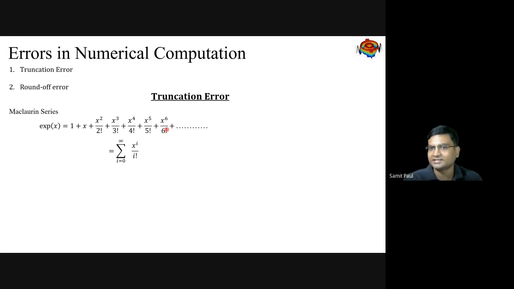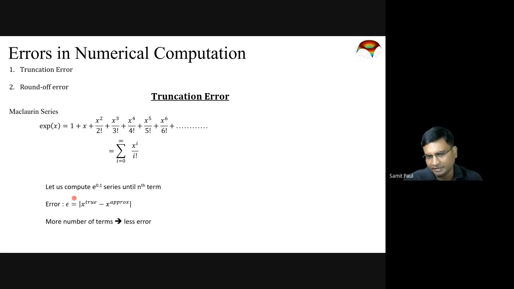We have truncated it at some point. Therefore, that error is called truncation error. Now we can calculate the truncation error this way: the true value minus the approximate value.